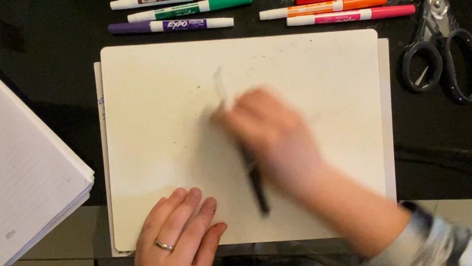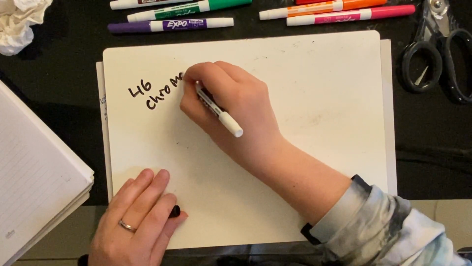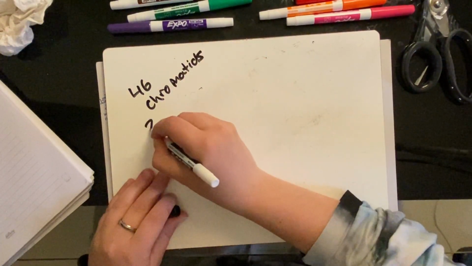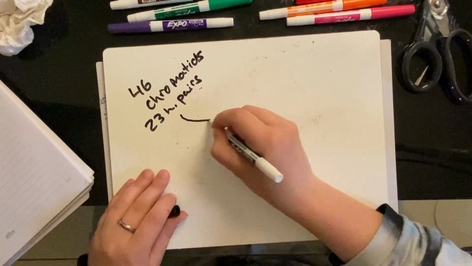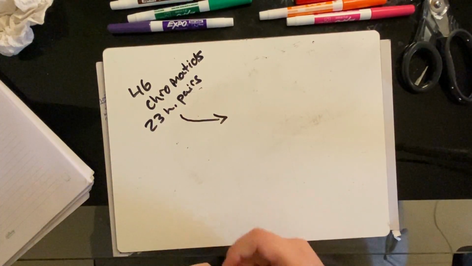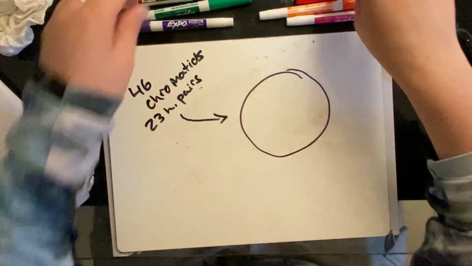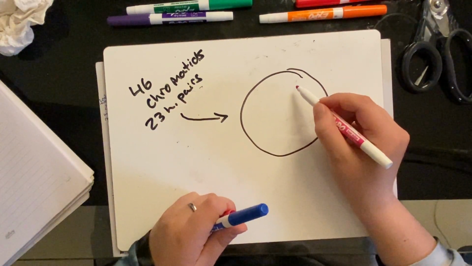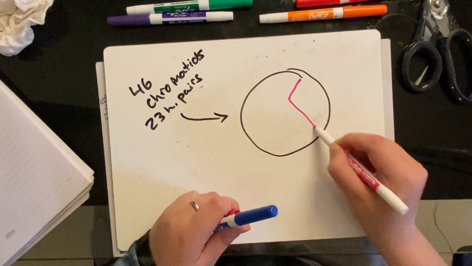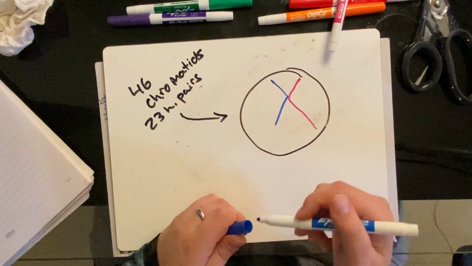We are considered diploid because even though we have 46 chromatids and 23 homologous pairs, the reason we are considered diploid is because we have two contributing parents for each homologous chromosome pair. So we have one from mom and one from dad.